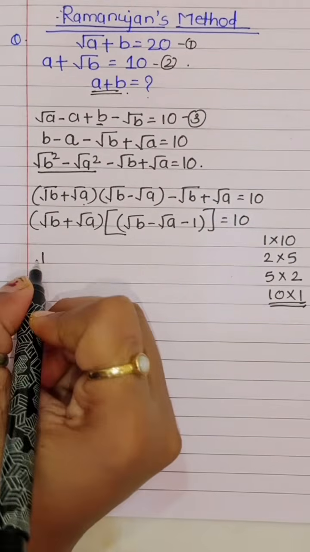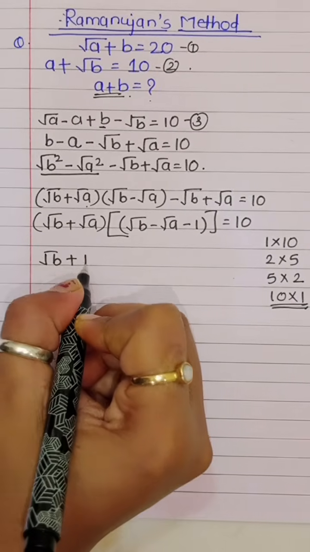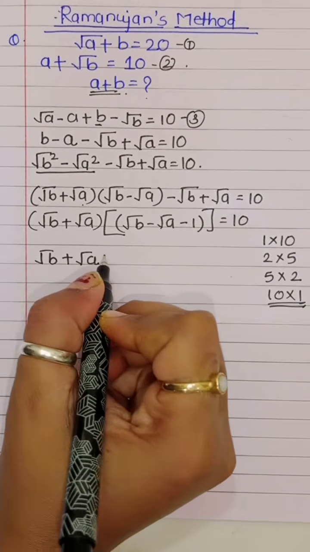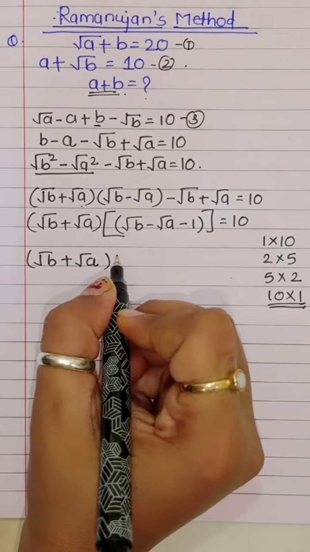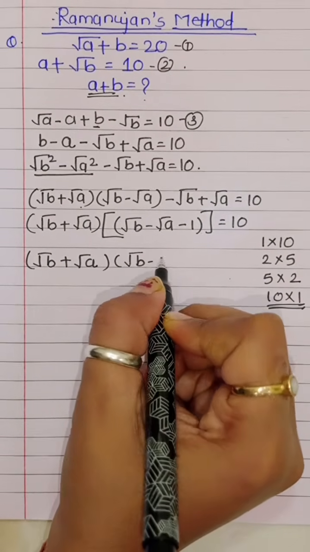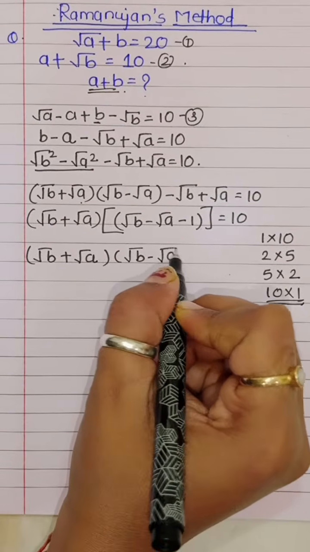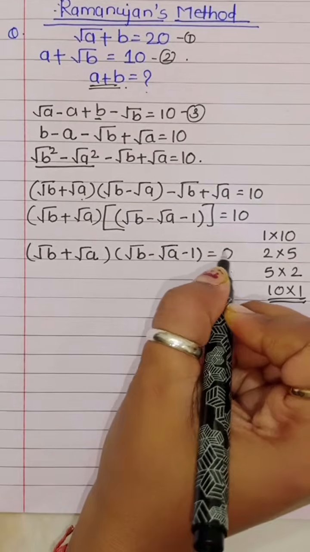Now square root of b plus square root of a into square root of b minus square root of a minus 1 is equal to 10.